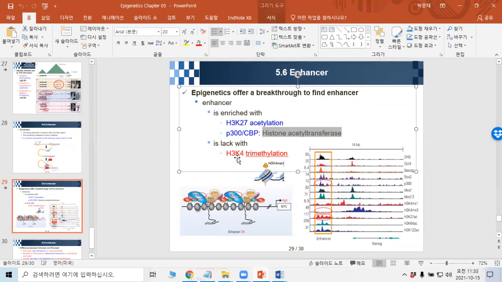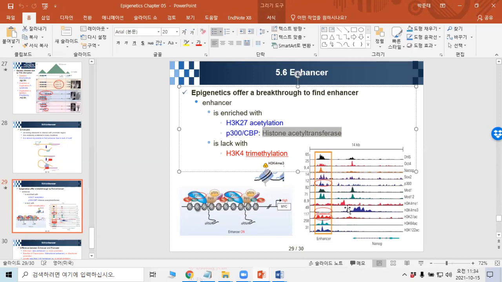However, enhancer regions lack H3K4 methylation.